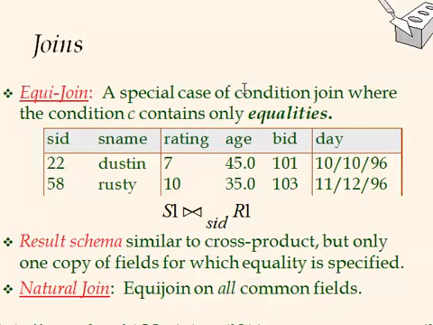Now we got 2 types of joins. When we implement joins in which we do equal conditions, for example SID in both cases is the same, then we call it an equal join. And a natural join is when the names are the same.